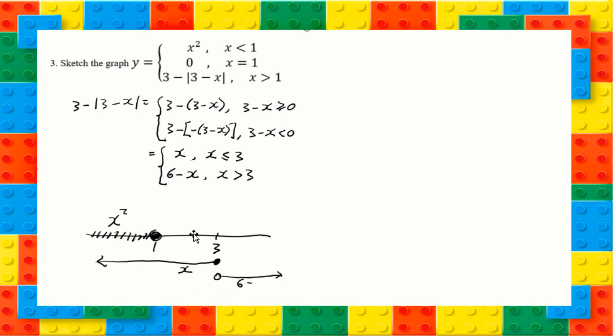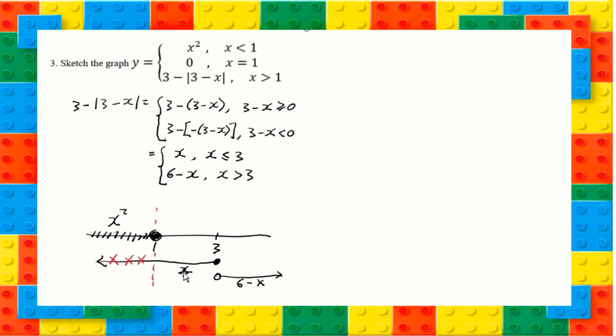Now when we try to combine the new piecewise into the original piecewise, we found that when x is less than 1, this value of x is not available for x because this region is already occupied by x power 2.